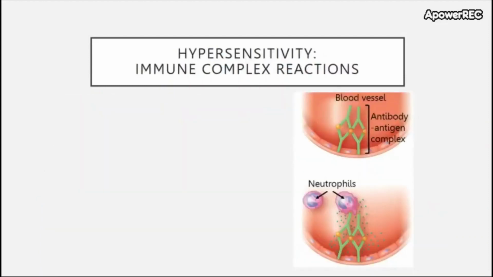Let's talk about the third reaction, which is type 3 immune complex reaction. So as the previous one largely had to do with reactions to cells, this one has to do with forming complexes.